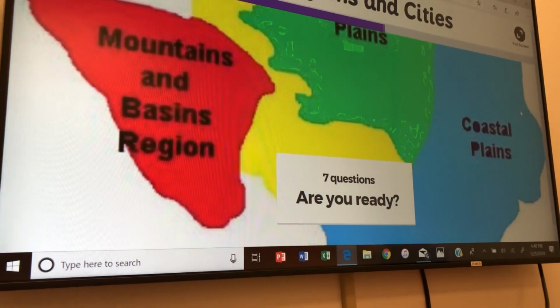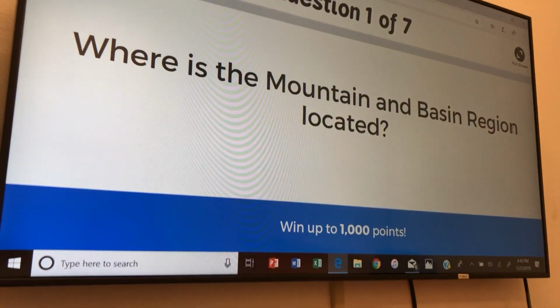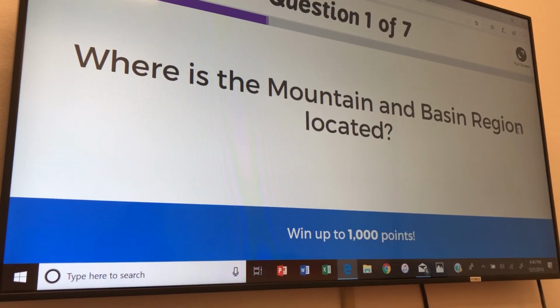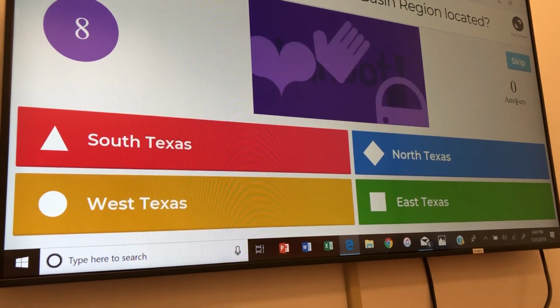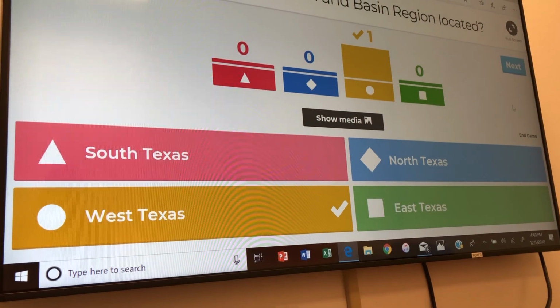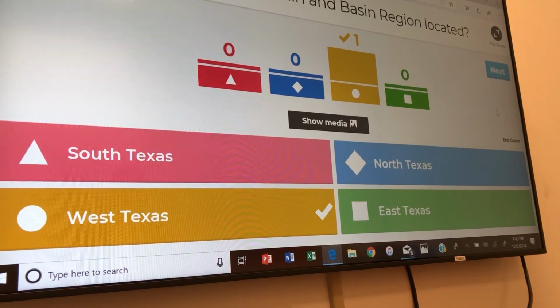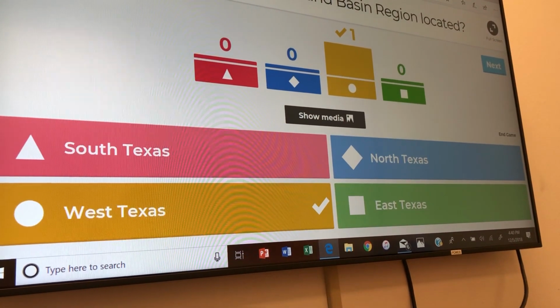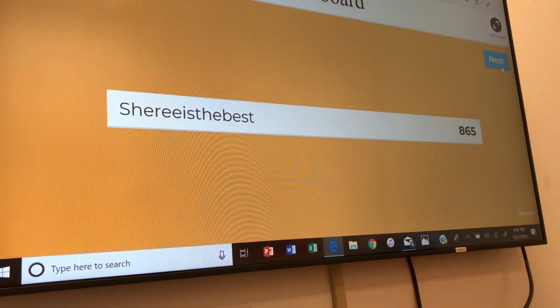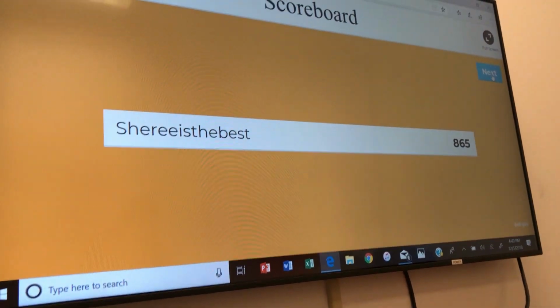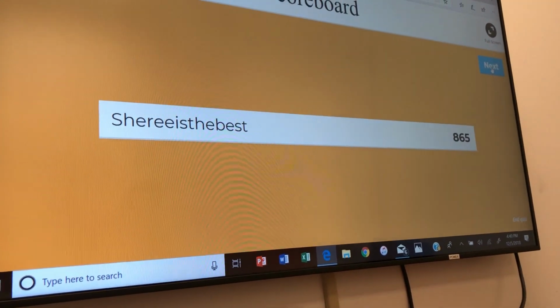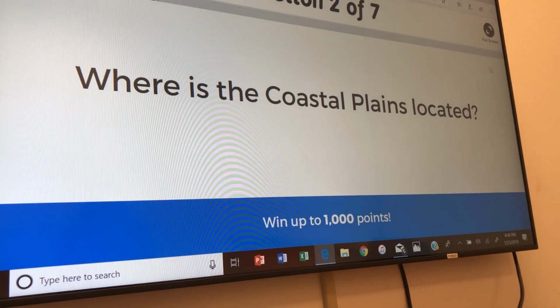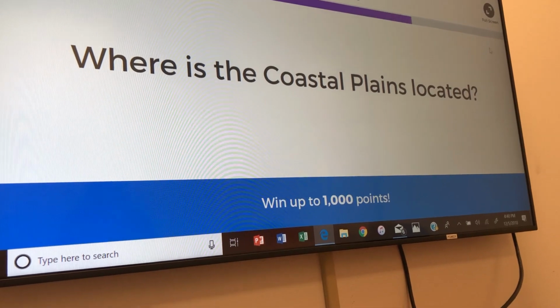Texas regions and cities. Where is the Mountain and Basin region located? Good job. Where is the coastal plains located?